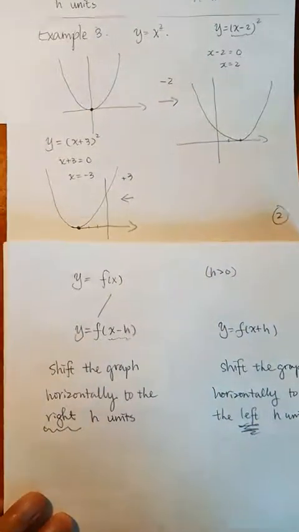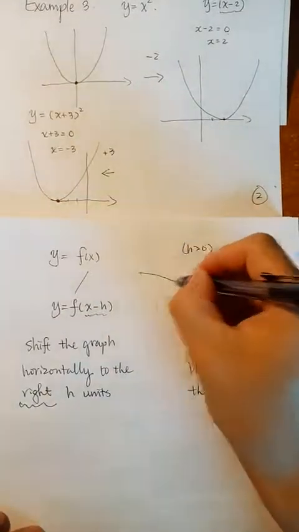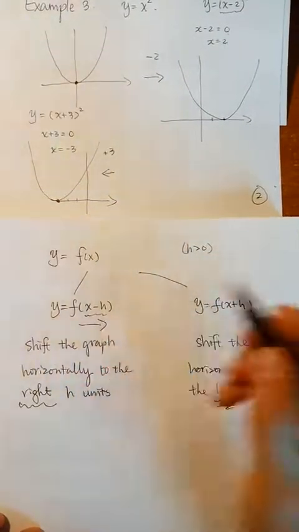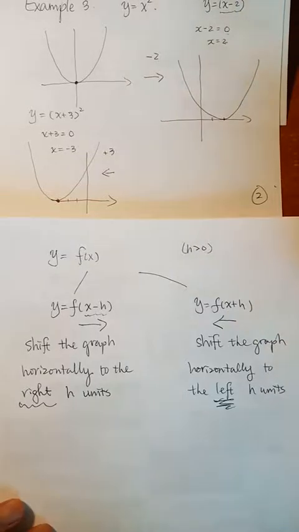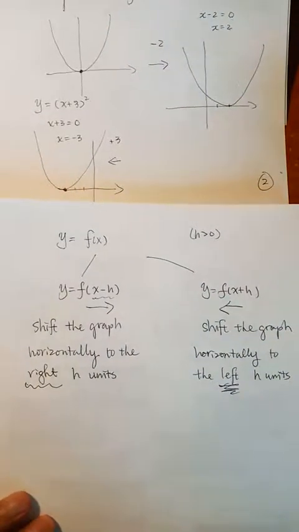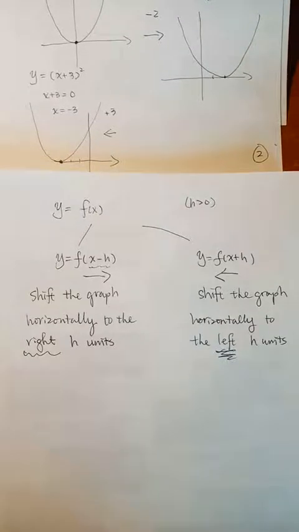So the addition corresponds to the left. This is to the right, so to the left. So we can shift it up, down, and left to right. Okay, so that's the transformation. Shift is a transformation.